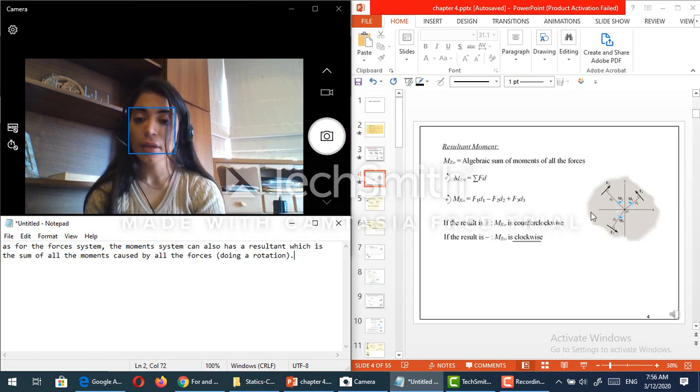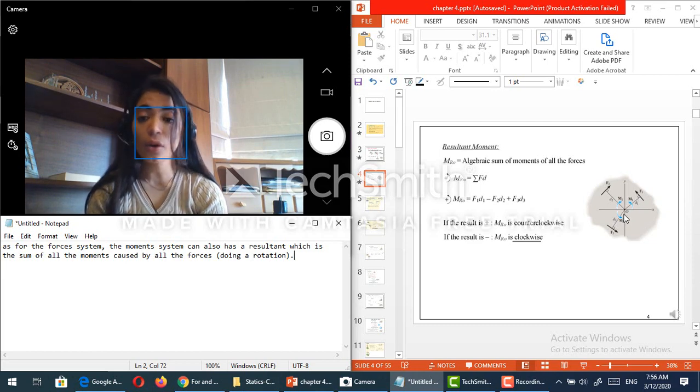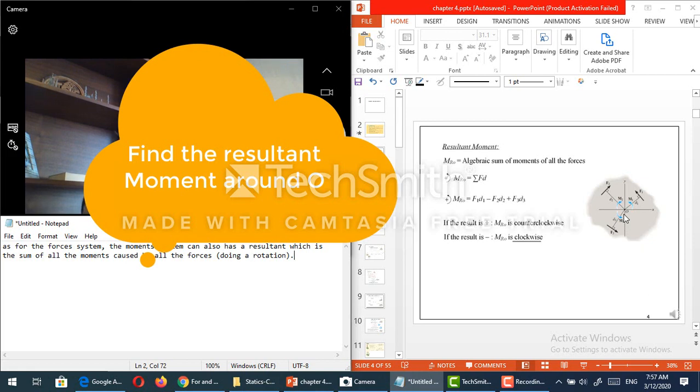In this system, I have three forces, F1, F2, and F3. And I have the perpendicular distance from each force to the point O. The question is to find the resultant moment around O.